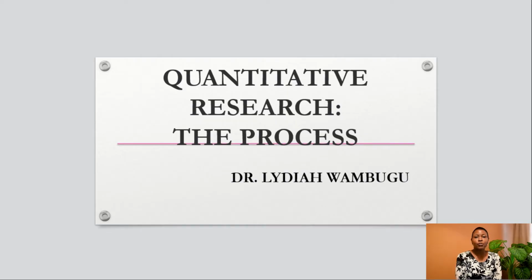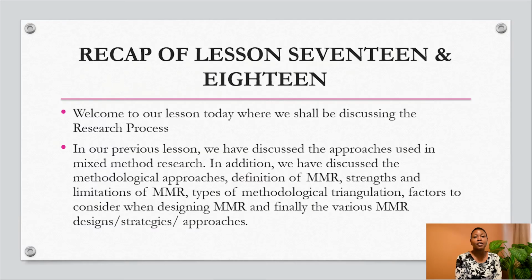Welcome to our lesson today, where we shall be discussing the research process. And this is the process that is followed when we are conducting quantitative research. In our previous lesson, we discussed the approaches and strategies used in mixed method research.